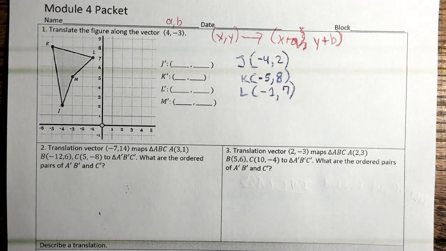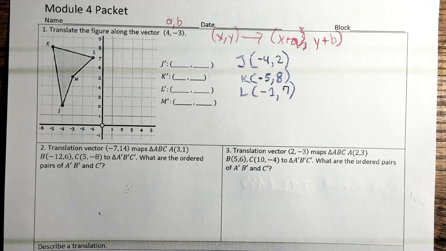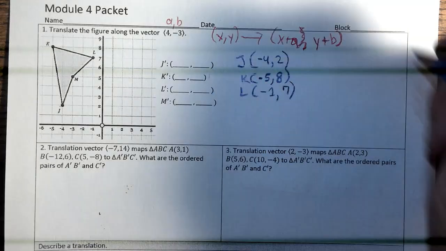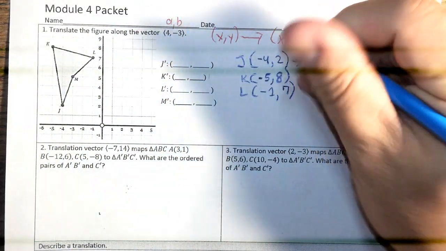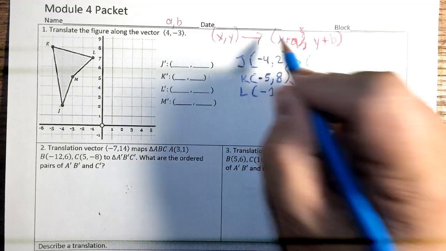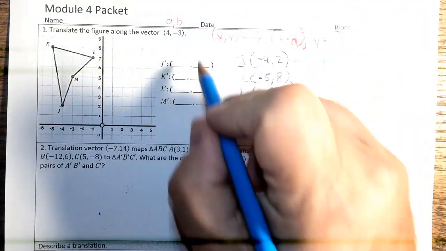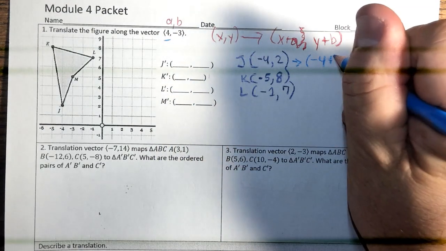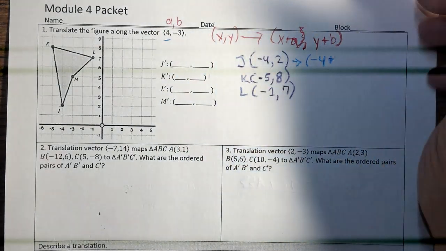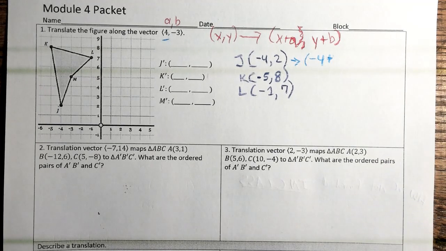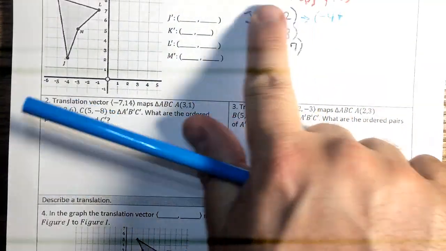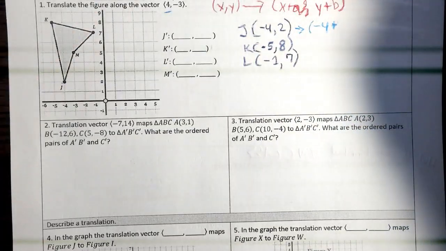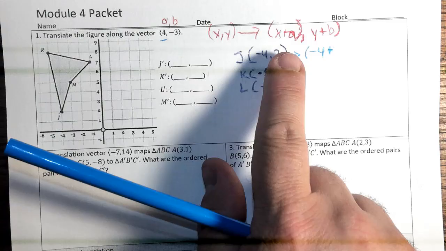Now we're putting in our a and b. The x is -4, and the a was 4.